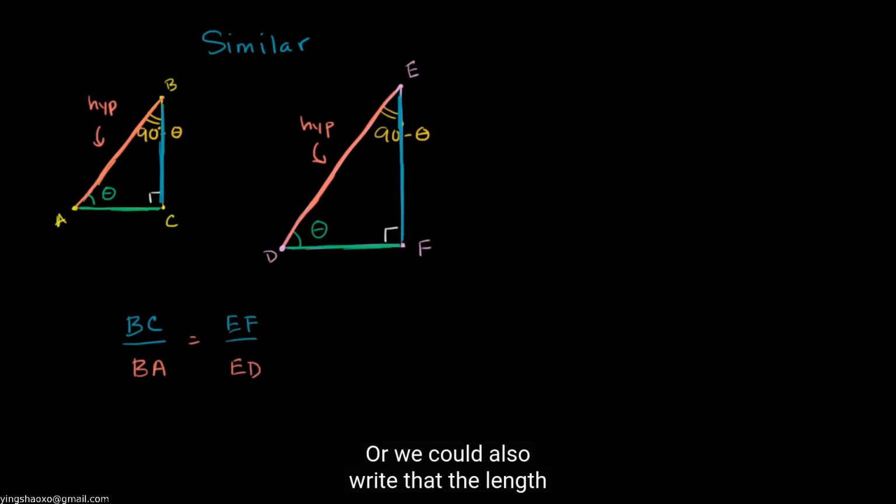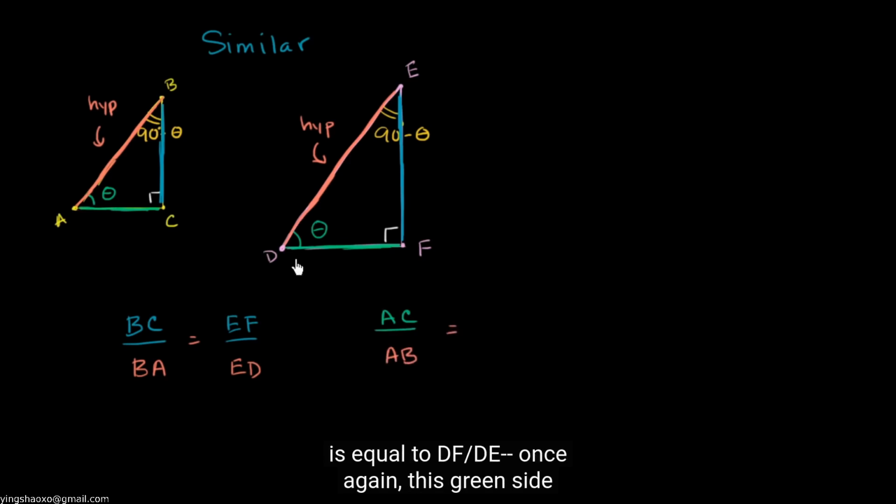Or we could also write that the length of segment AC over this triangle's hypotenuse, over AB, is equal to DF over DE.